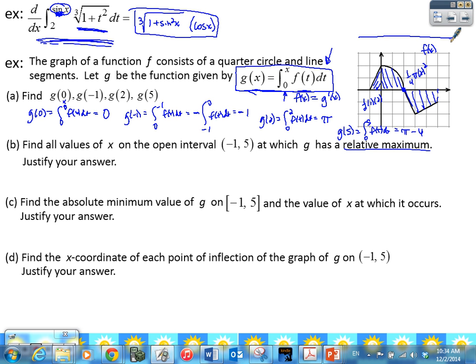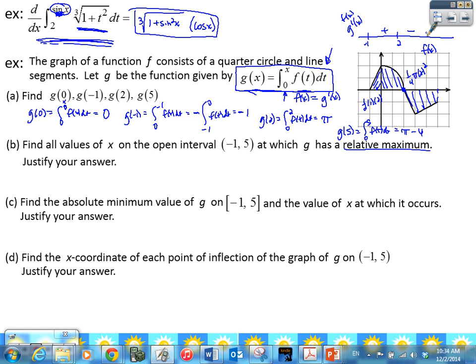Since we're doing relative, I'm just doing the actual critical numbers. So on our sign chart, let's see. Here from negative 1 to 2, we are positive, right? Our derivative is positive. So this is a picture of g prime of x, which we could also call f of x. Okay, these are the same. It's a sign chart for g's derivative. Let's see, from 2 to 5, we're under the axis, so we're negative.